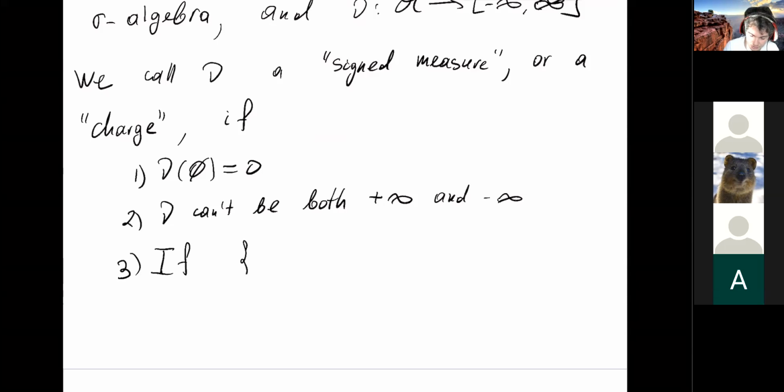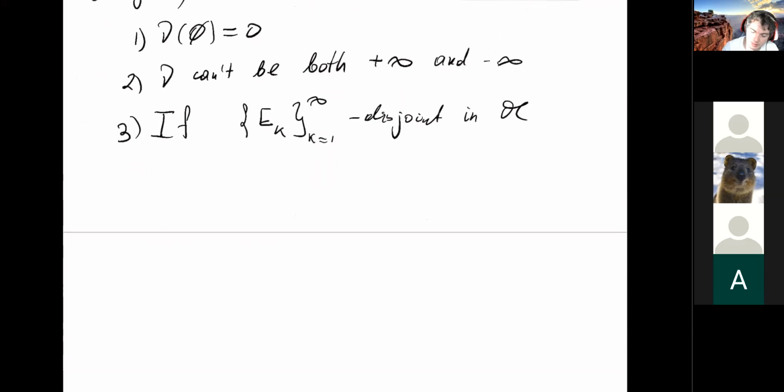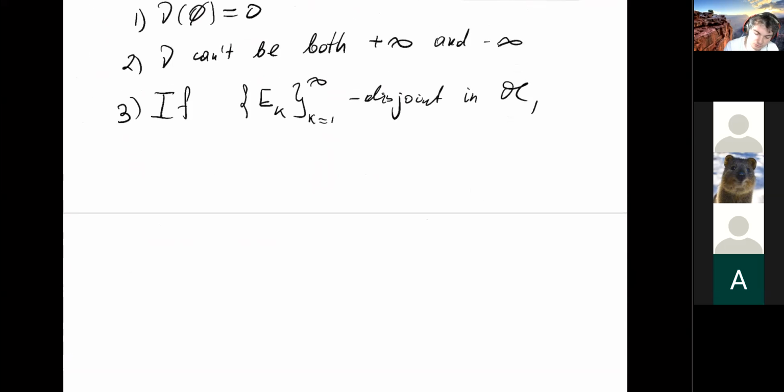So if we have a disjoint collection of sets, well, kind of measurable, disjoint in A, then we still have the additivity property with a very important extra assumption.